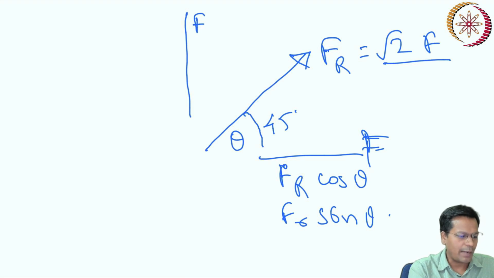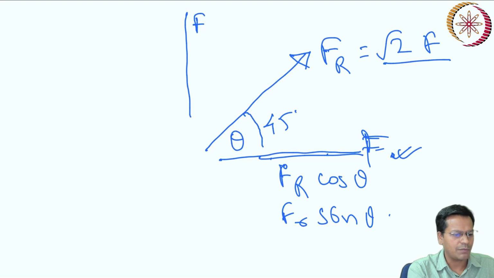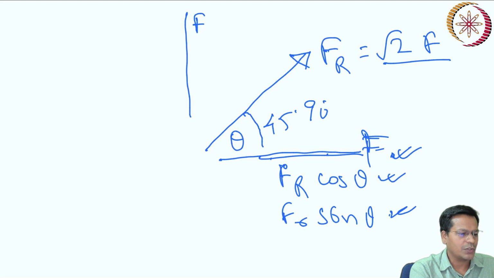If you keep on increasing theta like this, FR cos theta, when it is 0 degree, will be the maximum one. At 90 degree, this will completely die and the other will become the maximum one. This is the way it gradually goes from here.